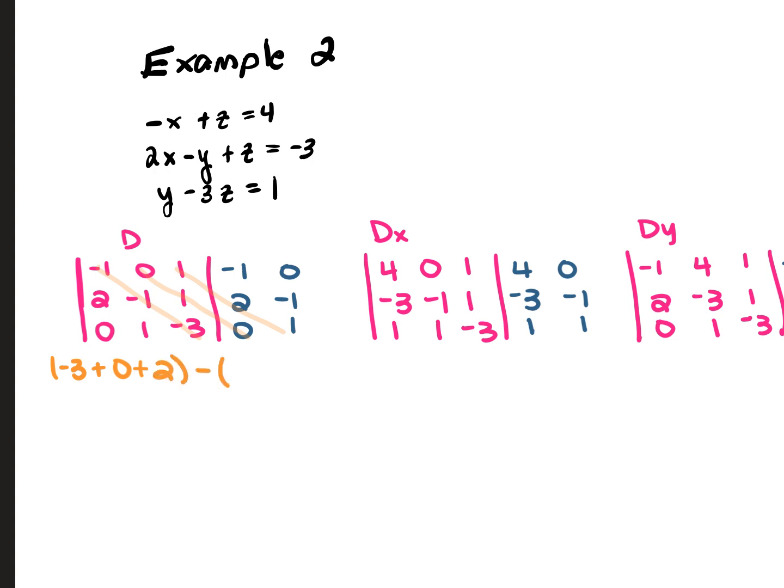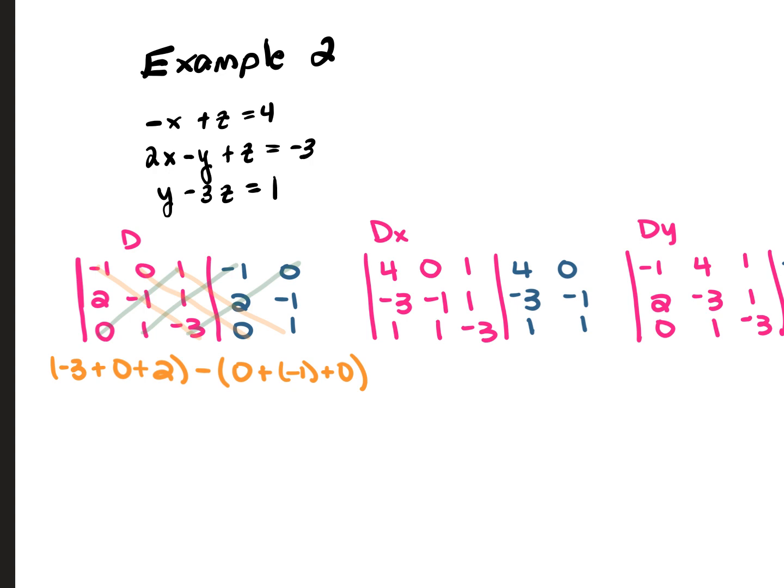Minus your bottom to top now. So 0 times negative 1 times 1 is 0. Plus 1 times negative 1 is negative 1. Plus negative 3 times 2 times 0 is 0.